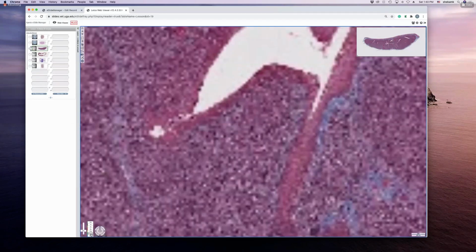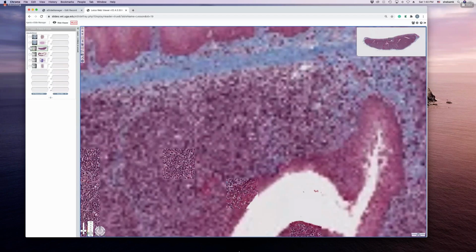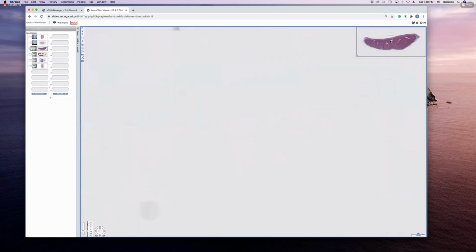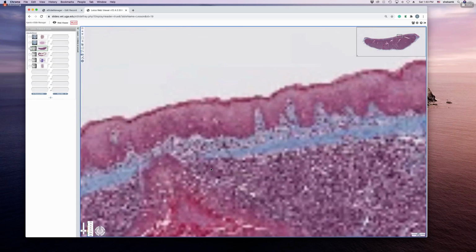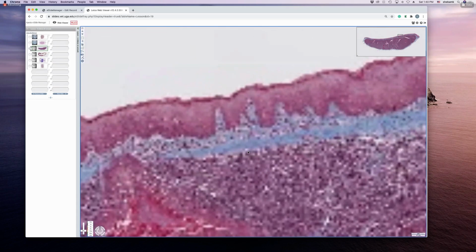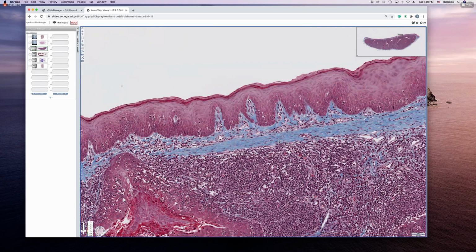Okay, so if you see this epithelium on one surface, what epithelium is this? Stratified squamous? Yes.